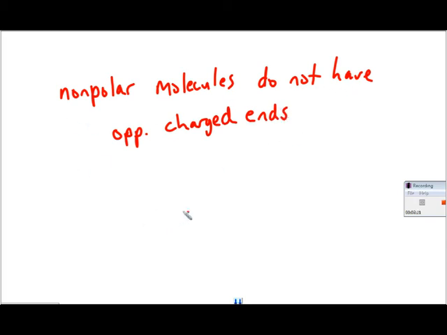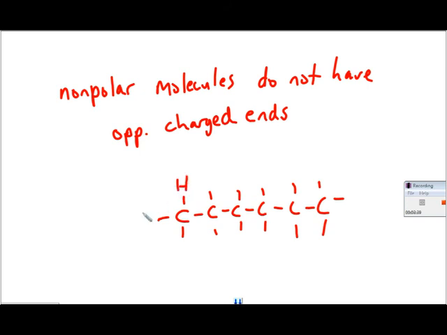So let me show you something here. Let me show you hexane. Hexane has 6 carbons and it has 14 hydrogens, arranged in a relatively straight chain here. I know it's a little tedious here, but let me draw these in just so you can see. Carbon and hydrogen share electrons relatively equally.